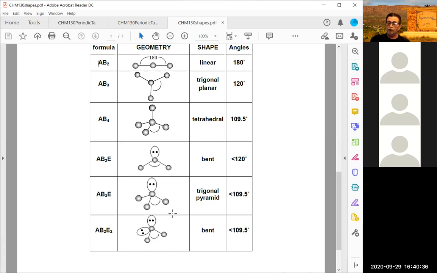It's trigonal pyramid, and that bond angle is less than 109.5. Okay. There's a geometry, there's a shape, and there's a bond angle for the polyatomic ion.